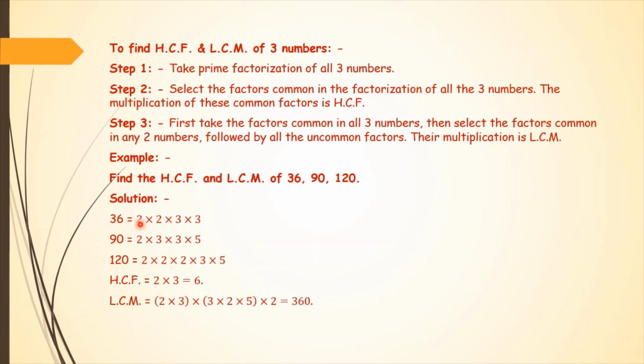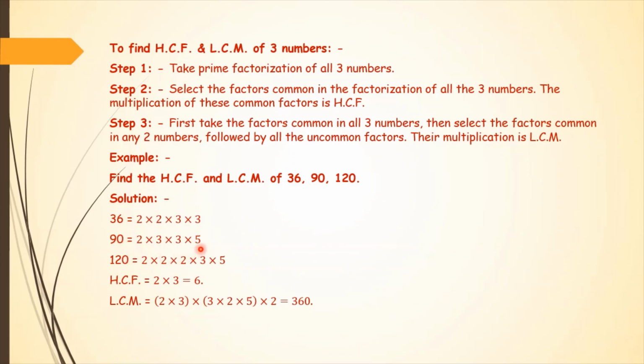Now, this second 2 which is present in 36, one more 2, it is also present in 120. So, this is the second factor which is common in two numbers 36 and 120, that is 2, which I have mentioned here. Now you can observe the prime factorization of 90 and 120.